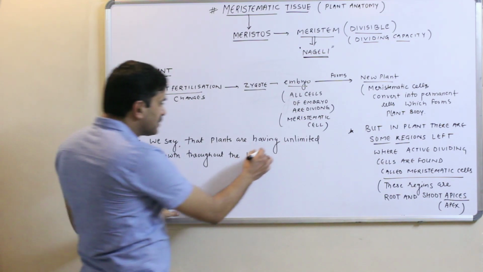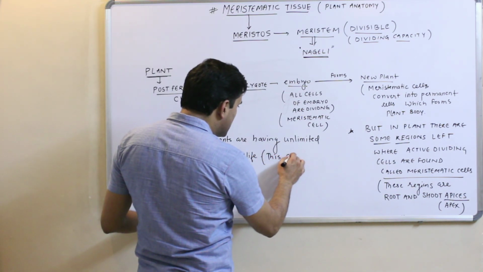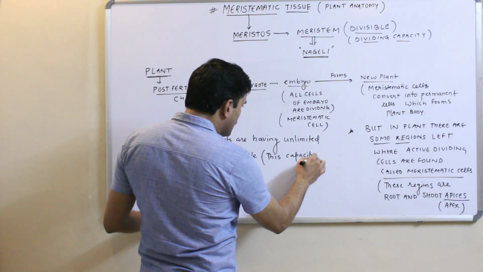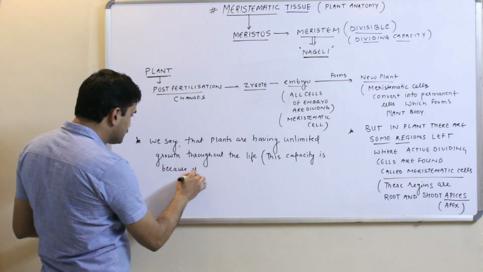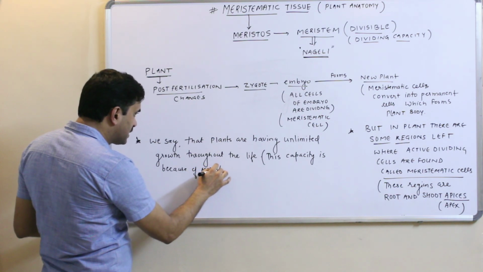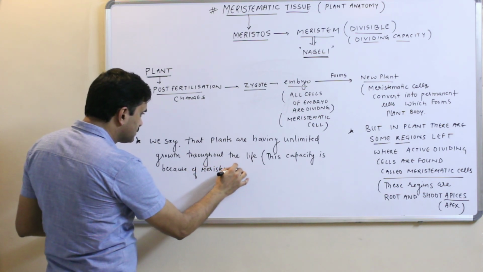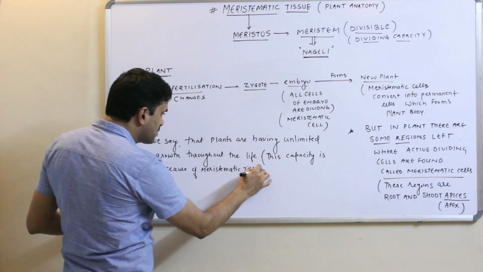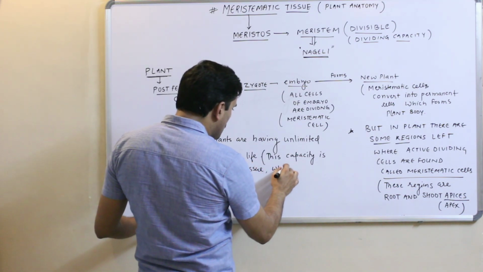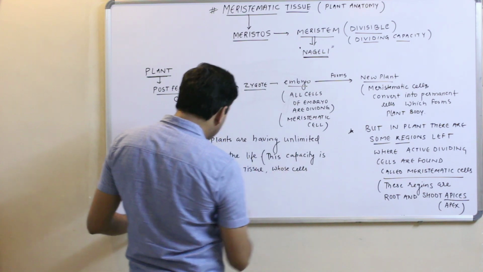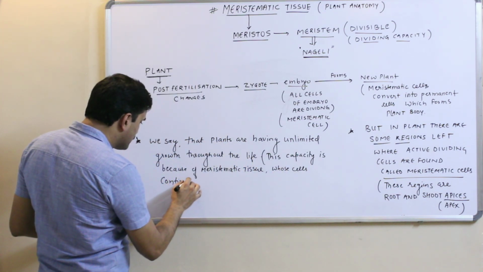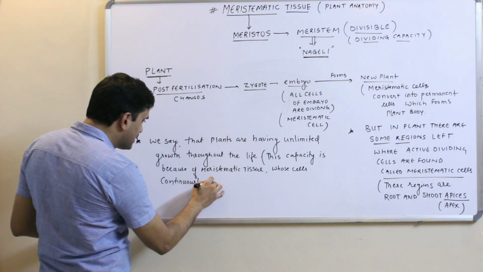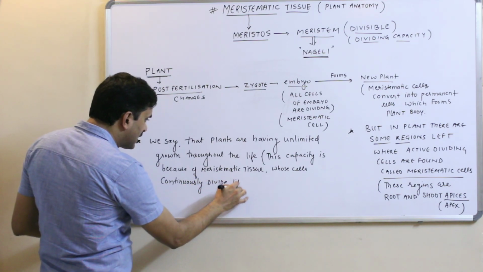This capacity is because of meristematic tissue, whose cells continuously divide lifelong.